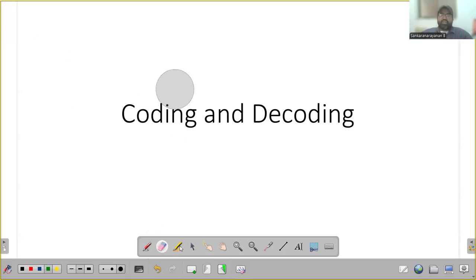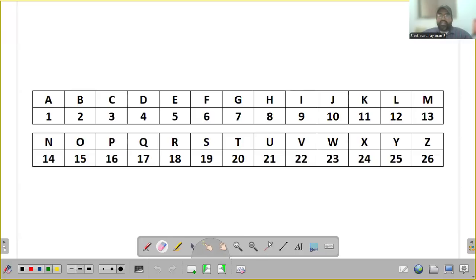Okay, so to start with, be aware that in our English language, when we are considering A, B, C, D, E, F, G, H, like that, these are all the alphabets that I have written here. You can see that. Okay. Corresponding to every alphabet, there is a number that is associated, which I have presented here.